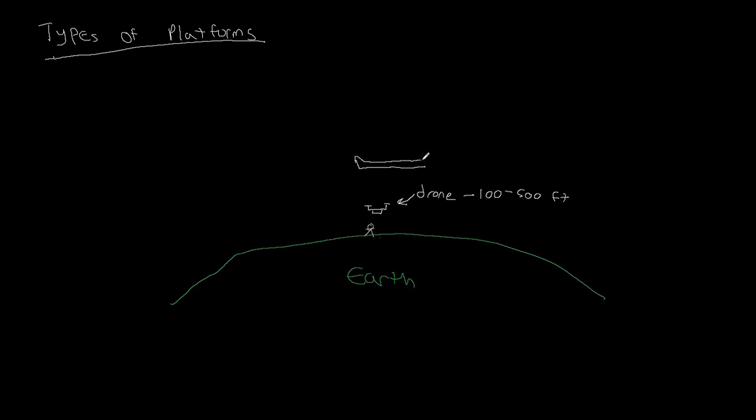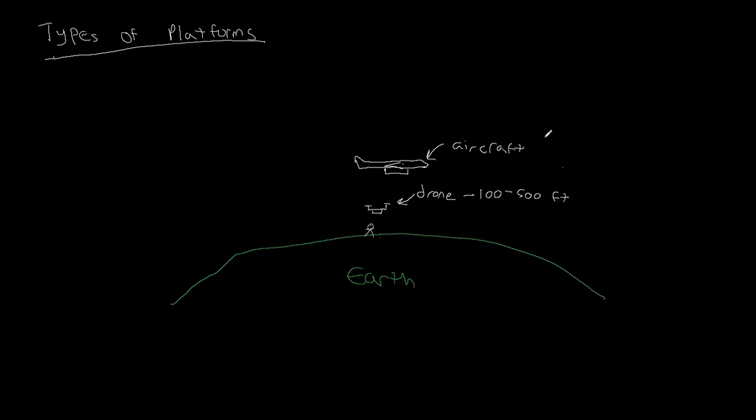We go up a step from that, and we get aircraft. This would be if you were to stick a camera on the bottom of a plane, and this is something that a lot of companies do. They'll actually take imagery using planes.